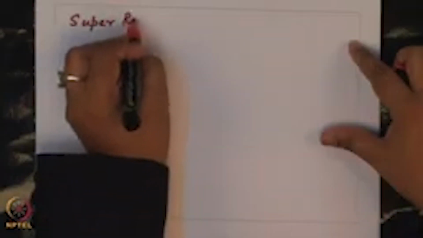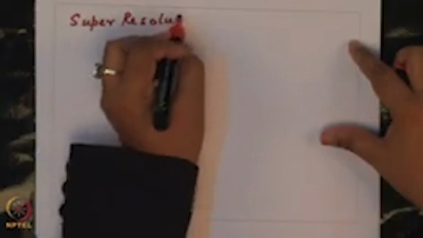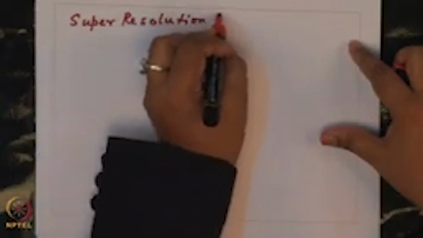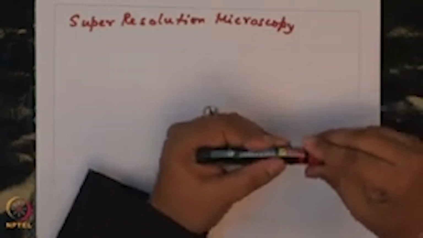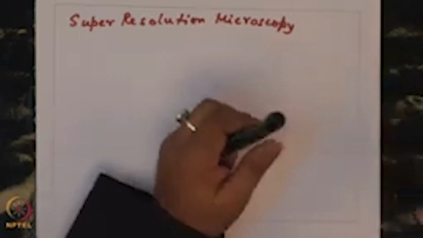Okay. So, to circumvent this problem, scientists have come up with an alternate technique called super resolution microscopy. In super resolution microscopy, you can actually detect the 3D position of proteins.